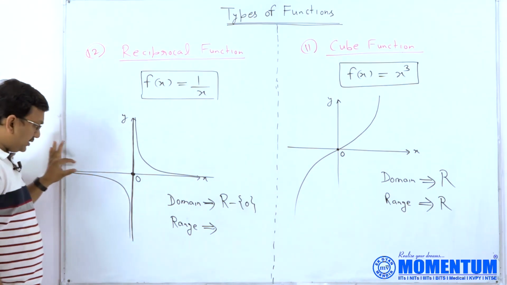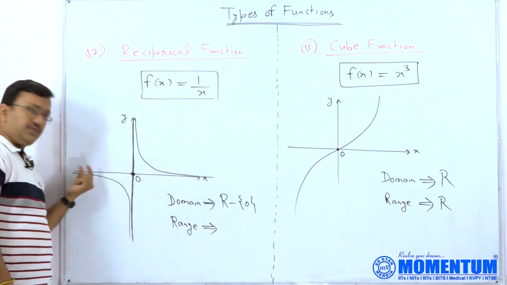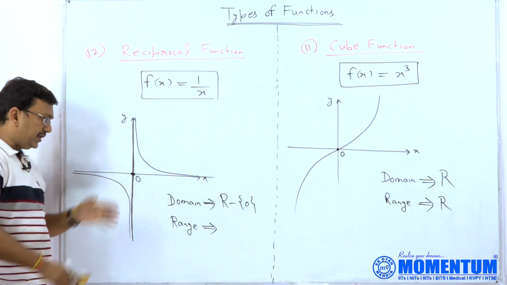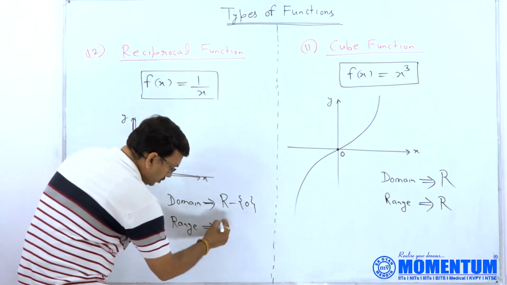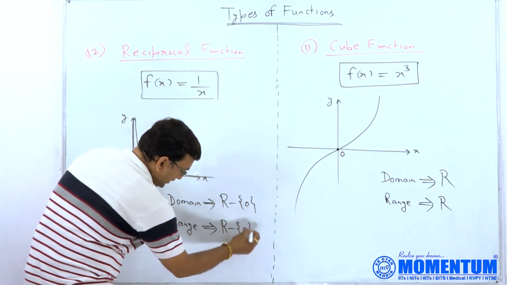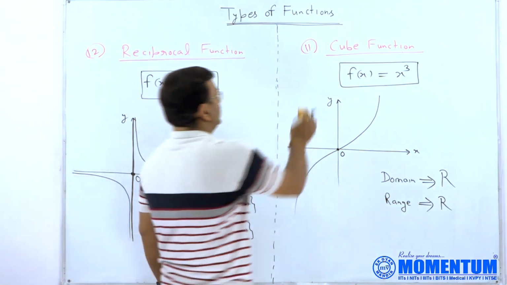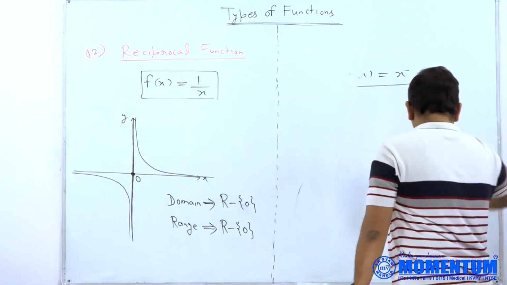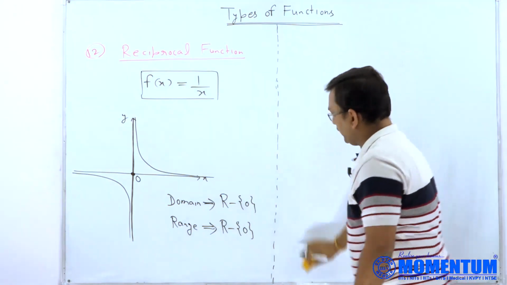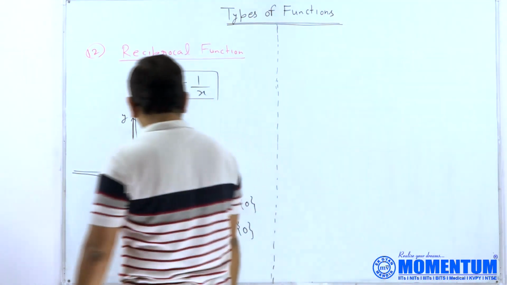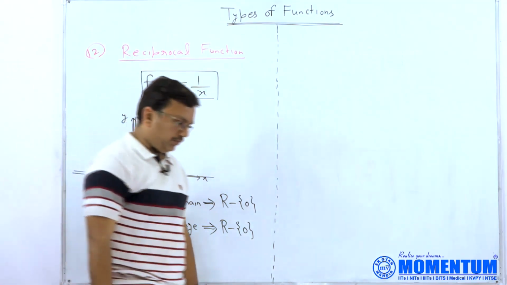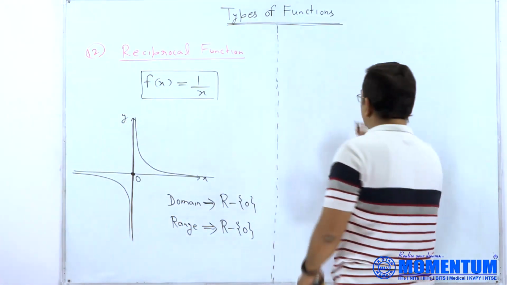But you can see 0 is never the part of y-axis. On the y-axis, we are getting all the values excepting 0. So, range is also all the real numbers excepting 0. So, types of function, number 10 square function, number 11 cube function, number 12 reciprocal function.